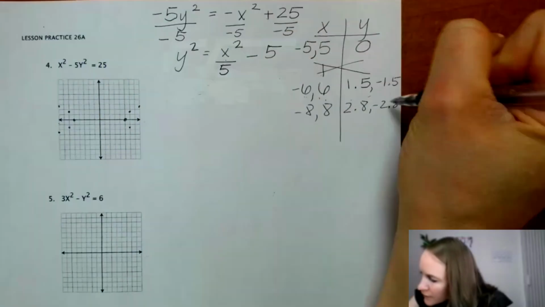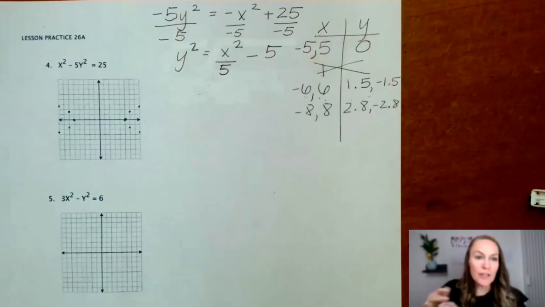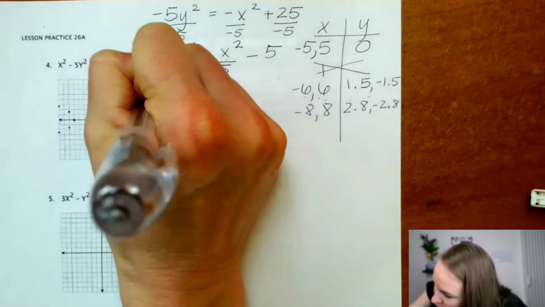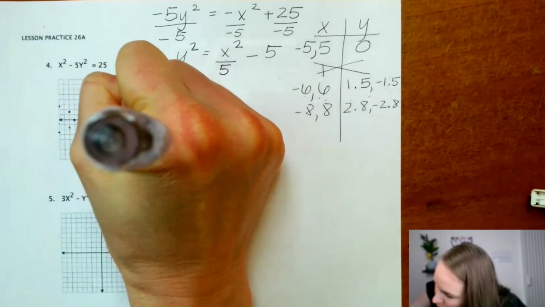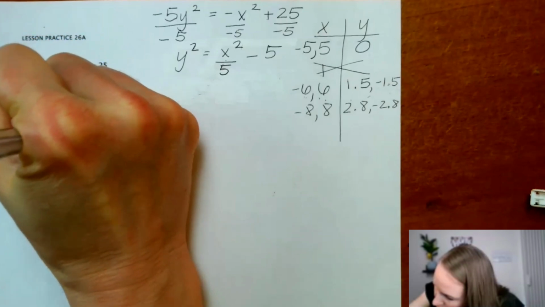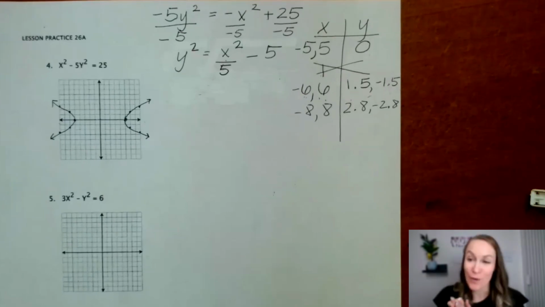And then positive 8, negative 2.8. Okay, now I can go ahead and graph this. So let's just connect the dots and put arrows on our line. Something like that. So that is what my graph looks like.